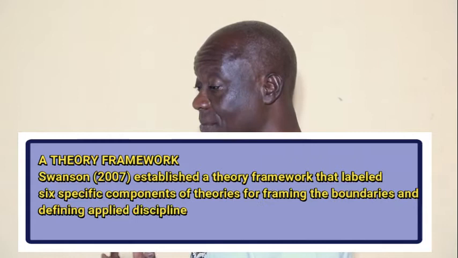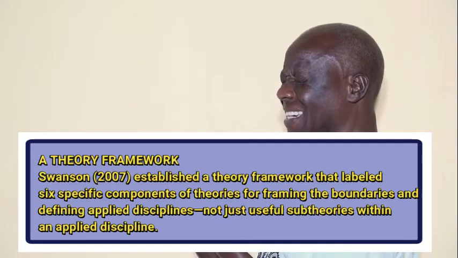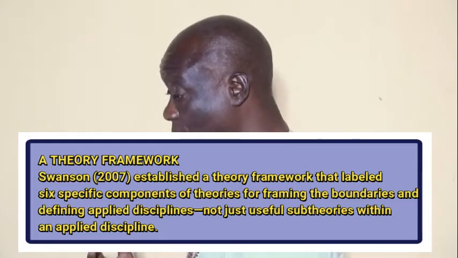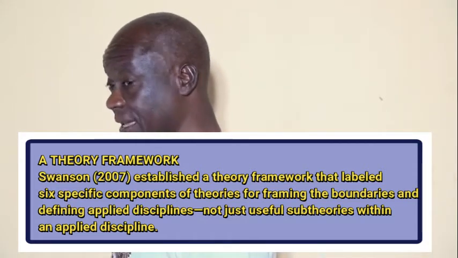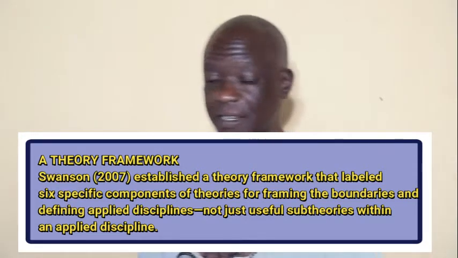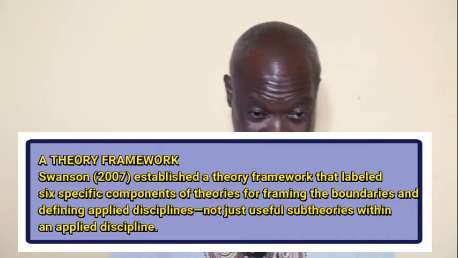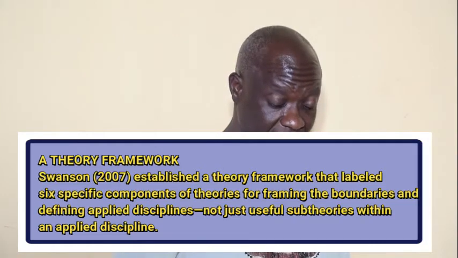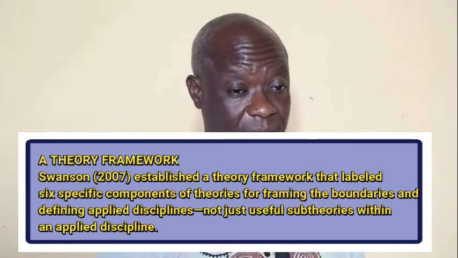Now, the theory framework, as articulated by Swanson 2007, established a theory framework that labeled six specific components of theories for framing the boundaries and defining applied disciplines, not just useful sub-theories within an applied discipline, ladies and gentlemen.